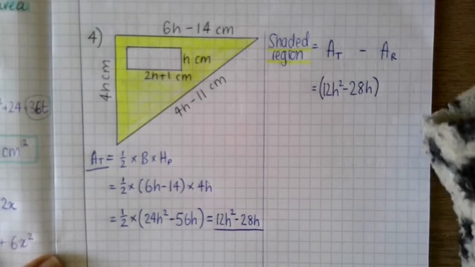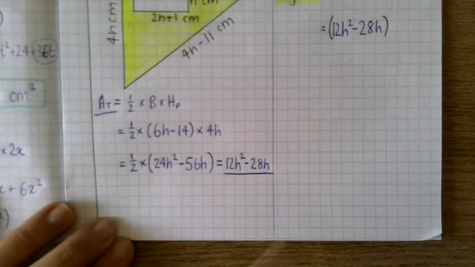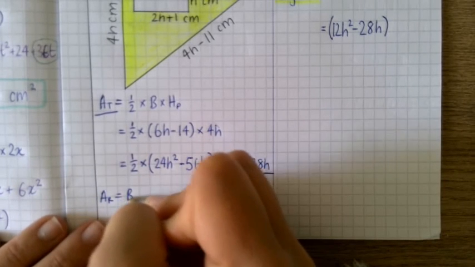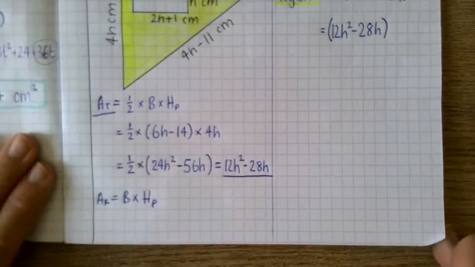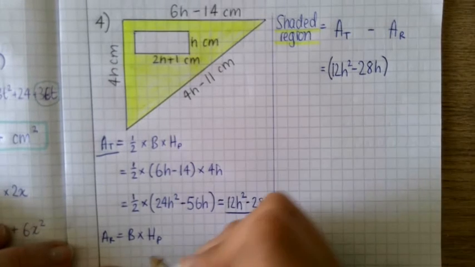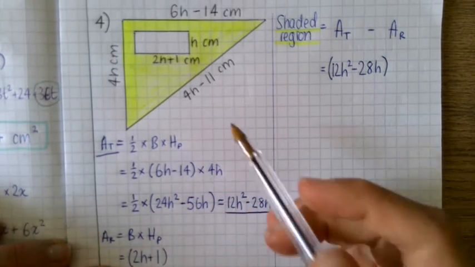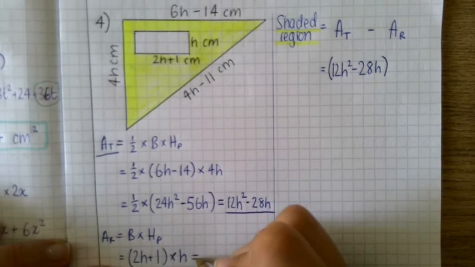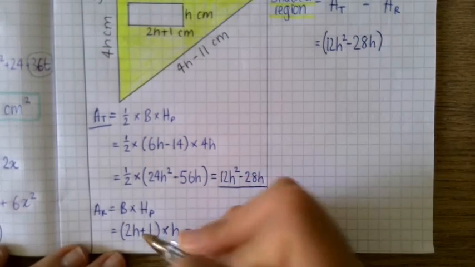And now for the area of my rectangle. I'm going to call that AR. I'm just going to do the base of the rectangle multiplied by the height of the rectangle. So looking back at my diagram, I can see that the base is 2h plus 1, which I'm going to put in brackets, multiplied by the height, which is h. And this is an expanding single brackets question.